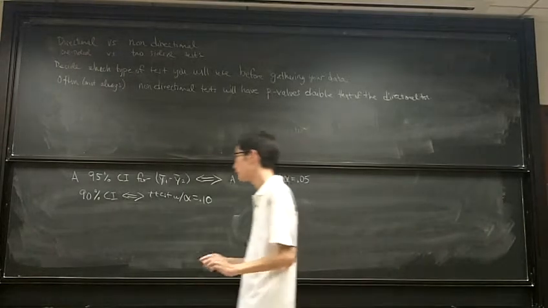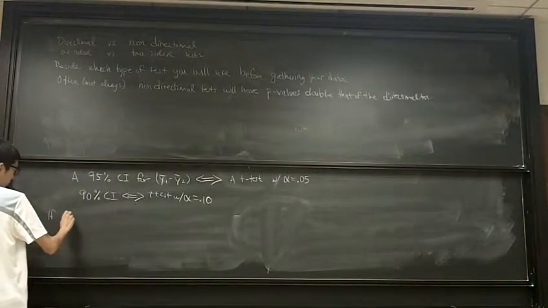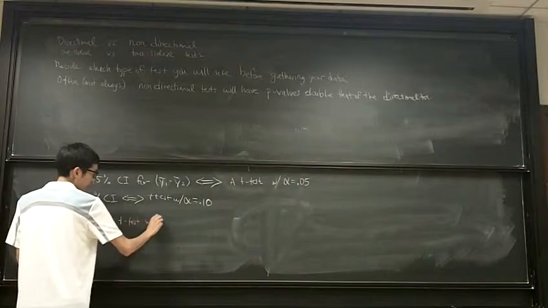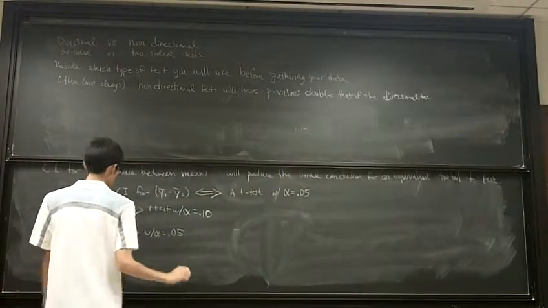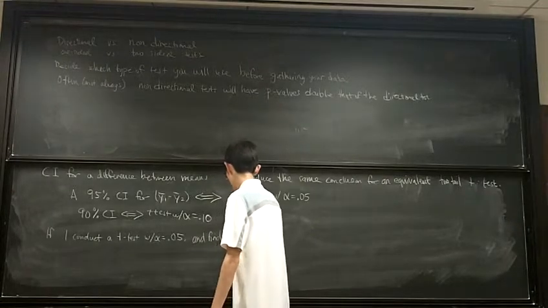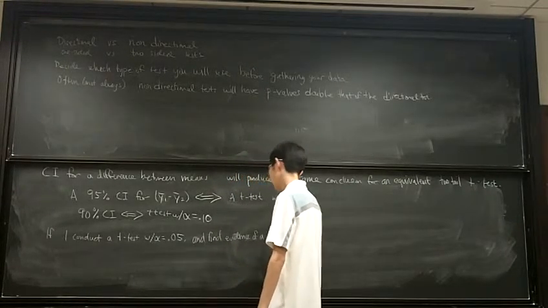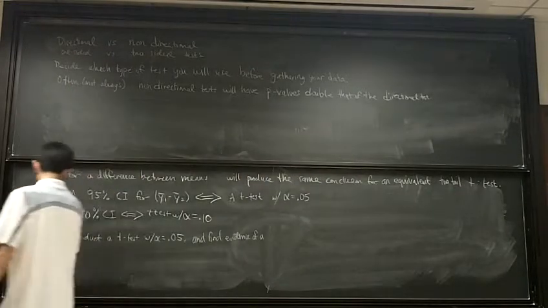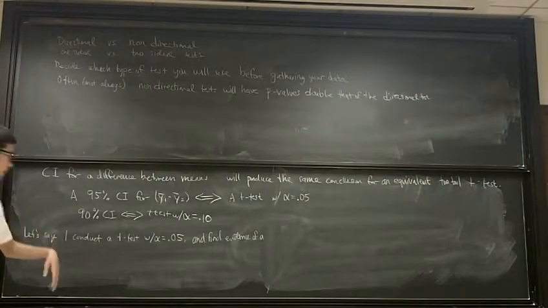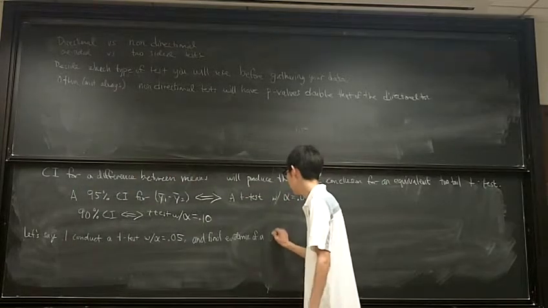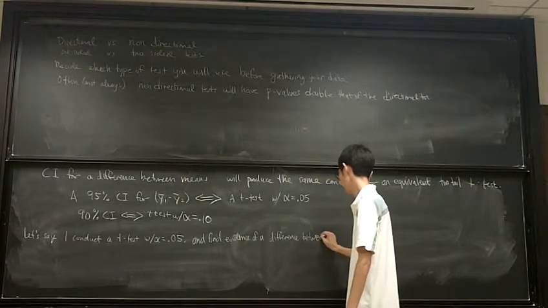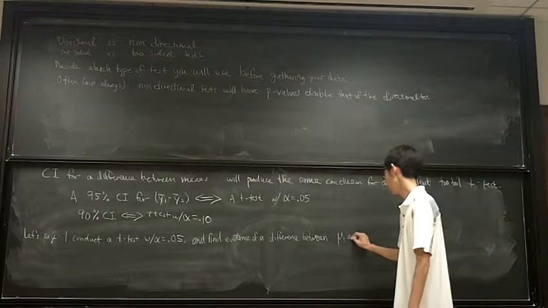Okay, so let's say I conduct a t-test with alpha equal to 5% and find evidence of a difference between the means, between mu1 and mu2.